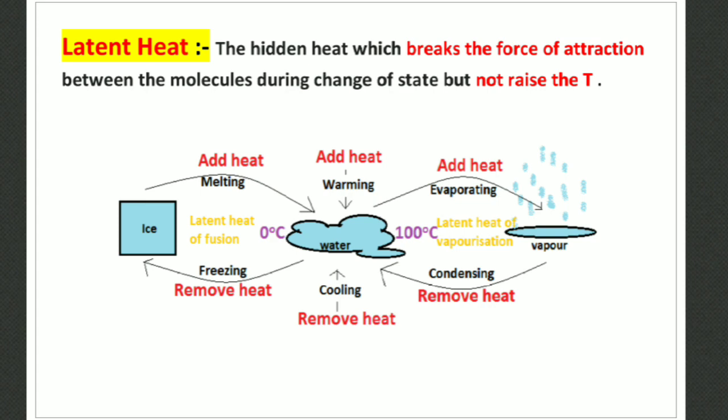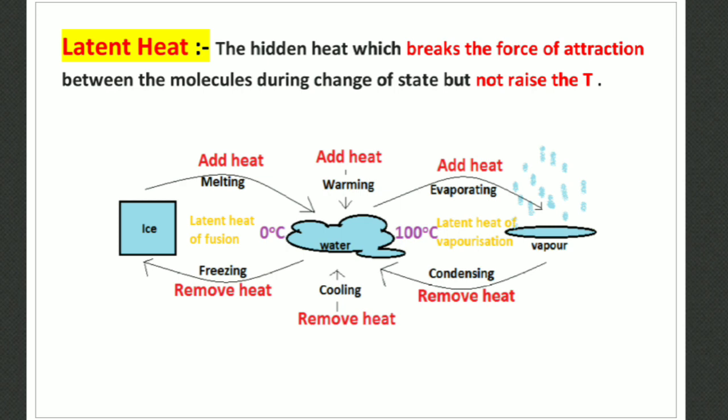The latent heat. It is the hidden heat which breaks the force of attraction between the molecules during the change of state but does not raise the temperature. So be careful here. It only breaks the force of attraction but does not raise the temperature.